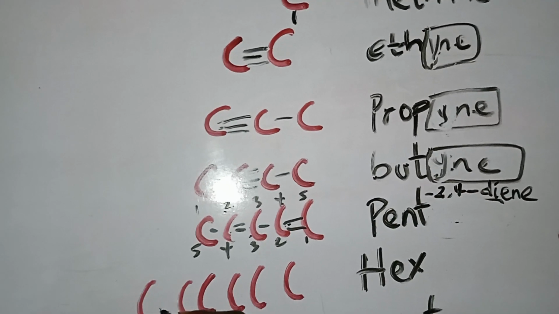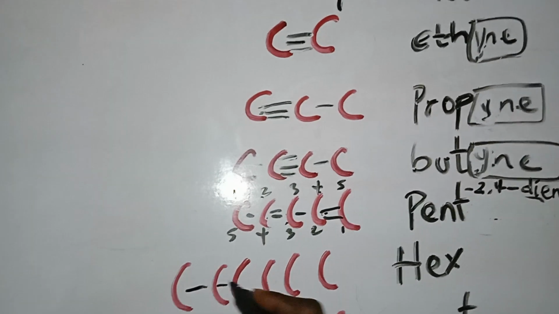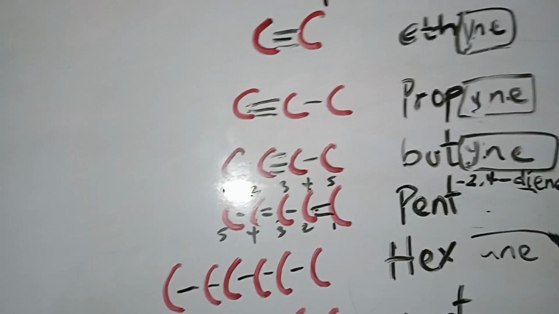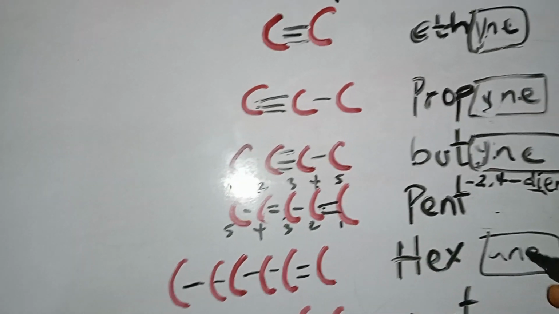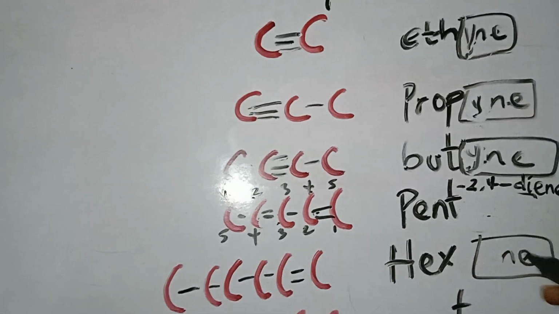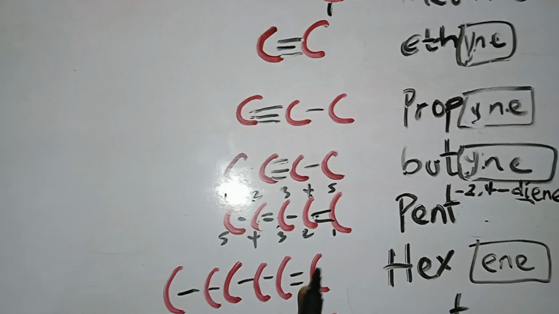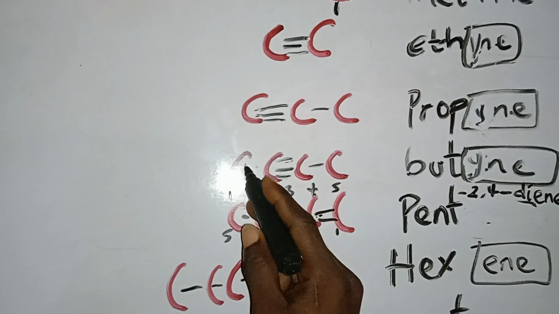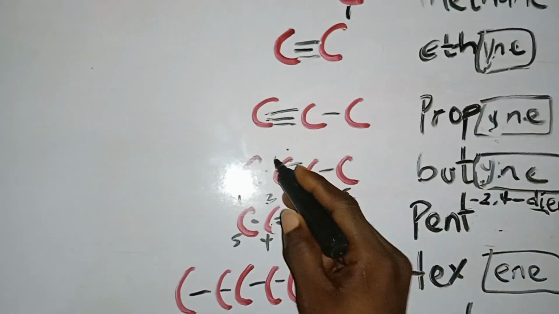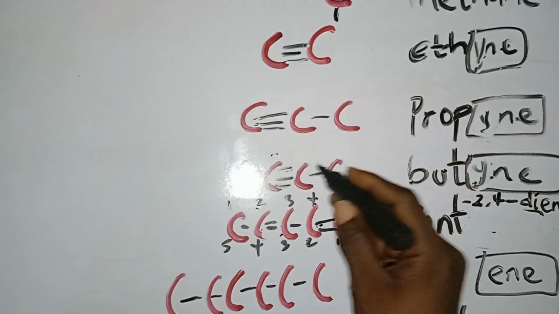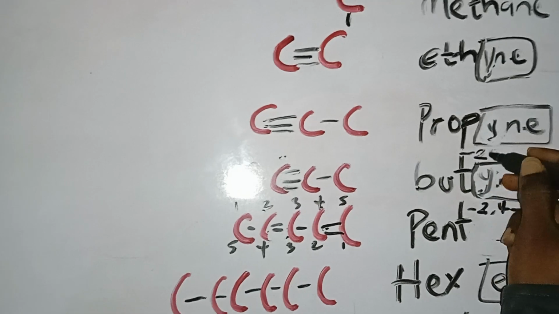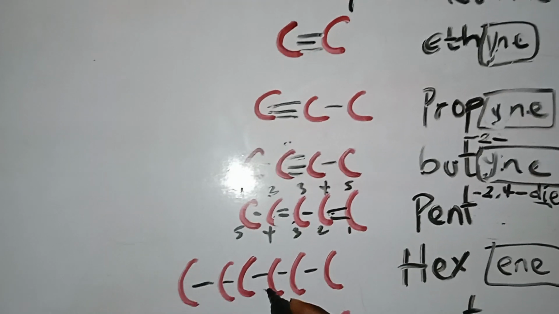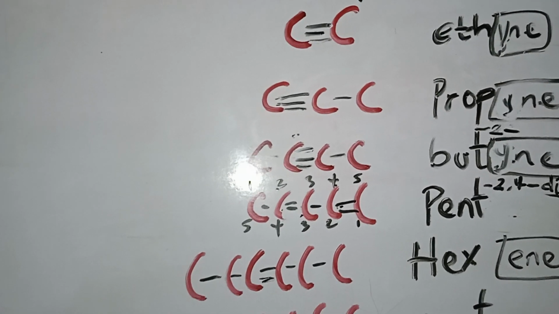So if I see this, everything single, it will be hexane. But if I see a double bond at any point, it will no longer be hexane, it will now be hexene. Now, what if I see the double bond somewhere? Notice that this one is 1, 2. So this happened at position 2. For this one, this is going to be but-2-ene. What if I see this double bond at this position?